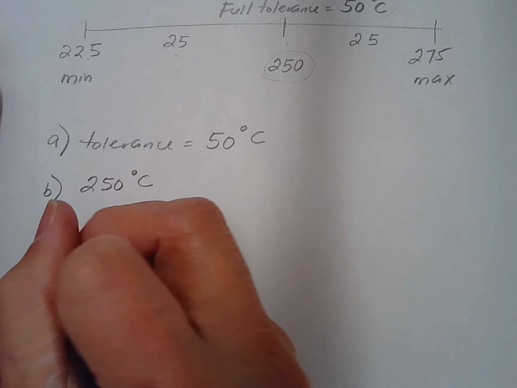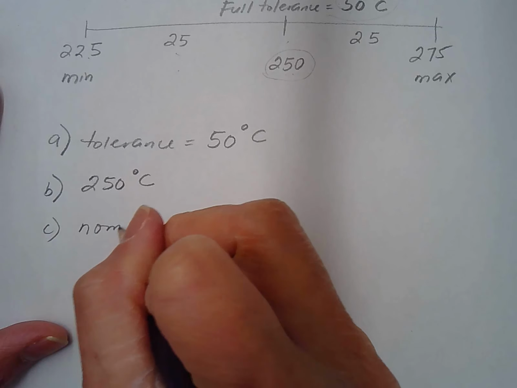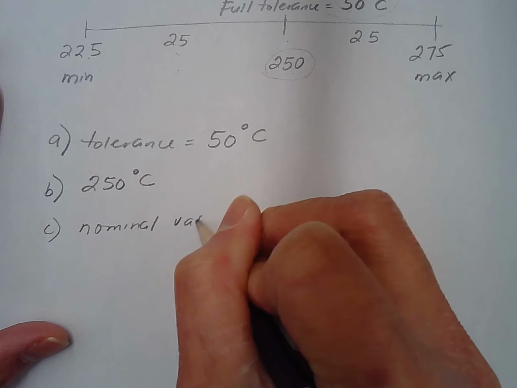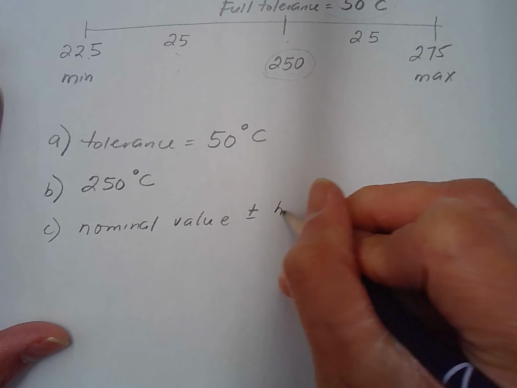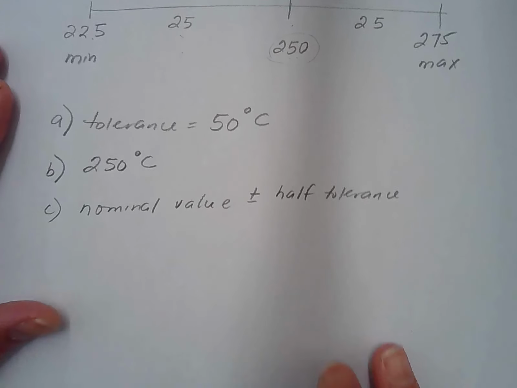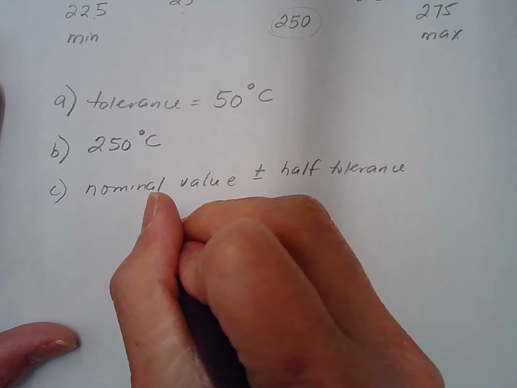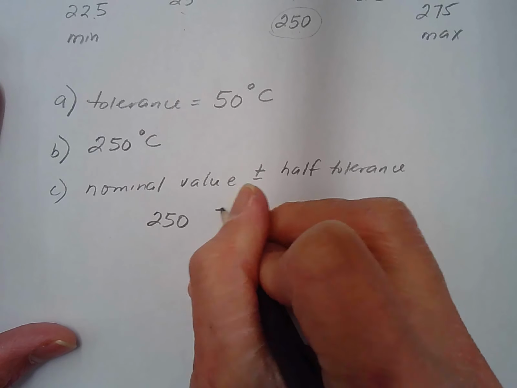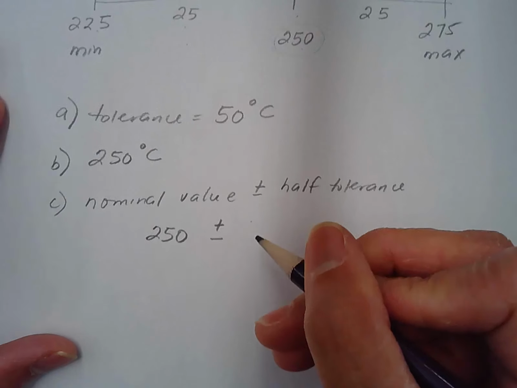And then letter C, we're supposed to write it as a nominal value plus or minus half tolerance. So our nominal is 250 plus or minus, give or take. What are we going to give or take?